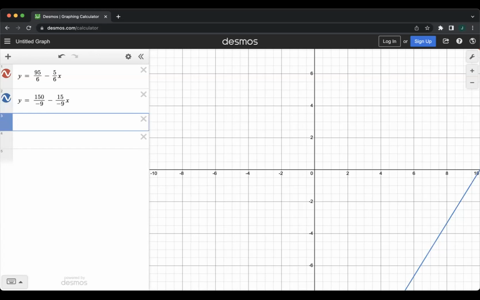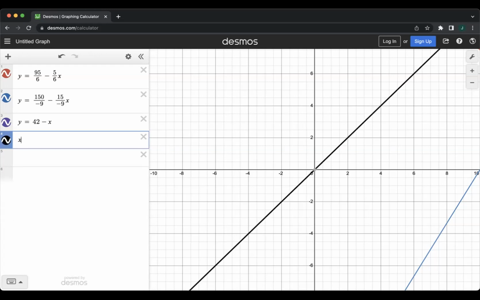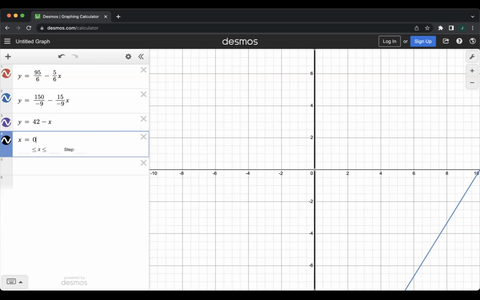There we go. And then 42 minus x. And then lastly, x and y are greater than 0. I think actually Desmos will do the x greater than 0. Yeah, so you can see a vertical line there at 0, and then y equals 0 is a horizontal line.